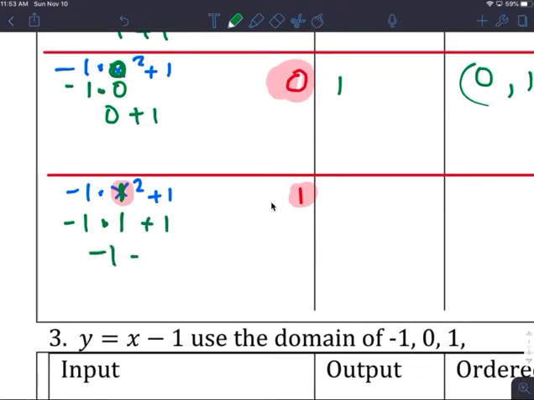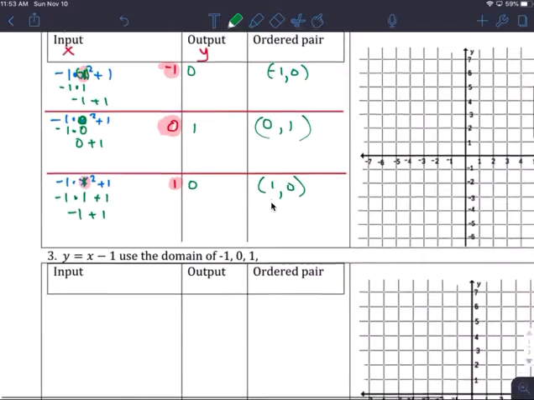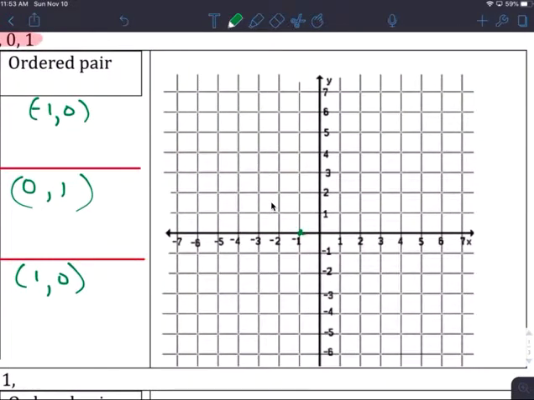You get -1 plus 1, which is 0. So your ordered pair is 1, 0. Okay, then graph it. -1, 0 right there, 0, 1, and 1, 0 right there. Parabola. It's called parabola, upside down U shape.